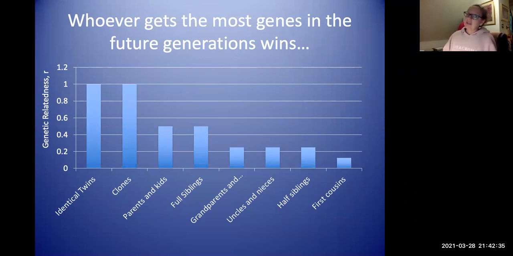If I had an identical twin, which I don't, all of my nucleotides would be shared with my identical twin. That's what makes us identical. All of my A, T, C, and Gs are also in my twin. We're essentially carbon copies. It's even more true if we're clones, because we do that in the laboratory.